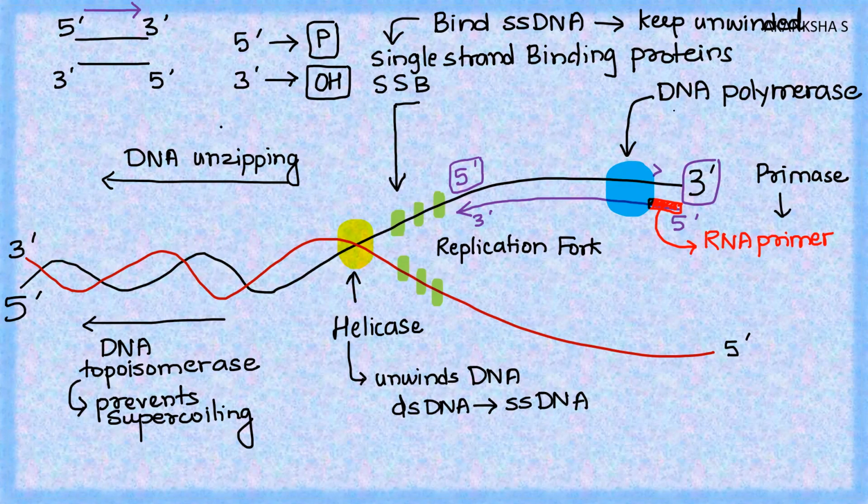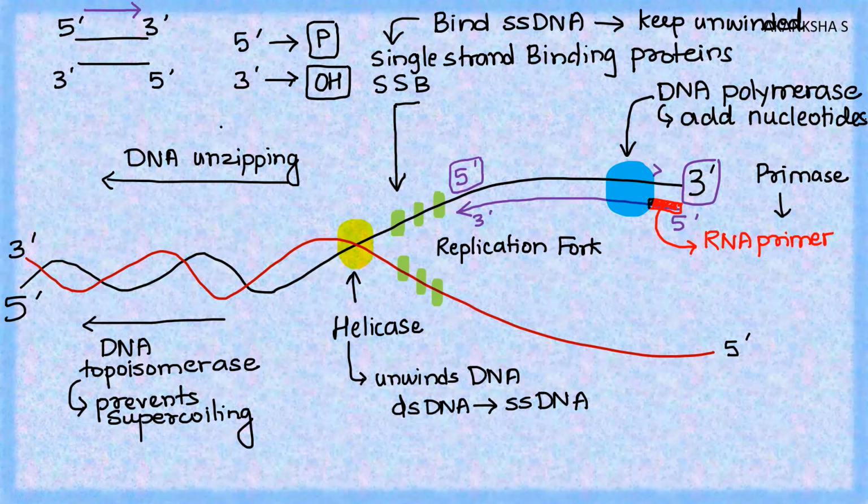So what does DNA polymerase do? It is going to add nucleotides to your new DNA. You need to form your new DNA, right? So which enzyme is going to add those nucleotides? It is going to be DNA polymerase.